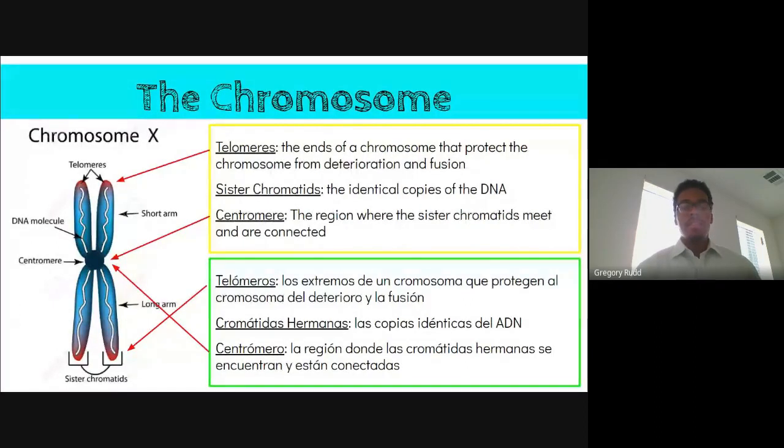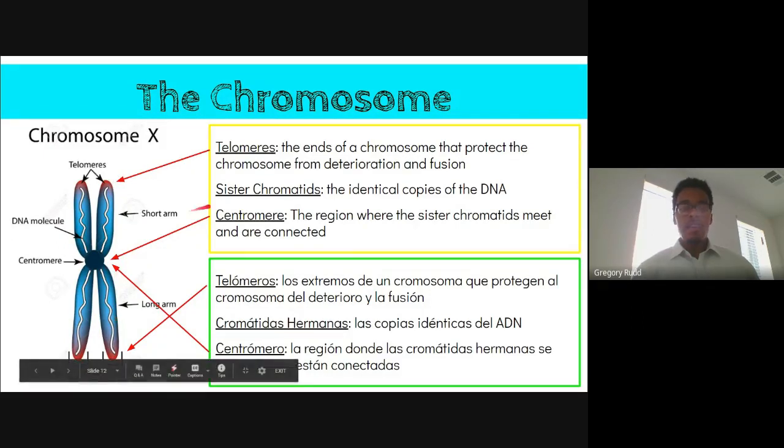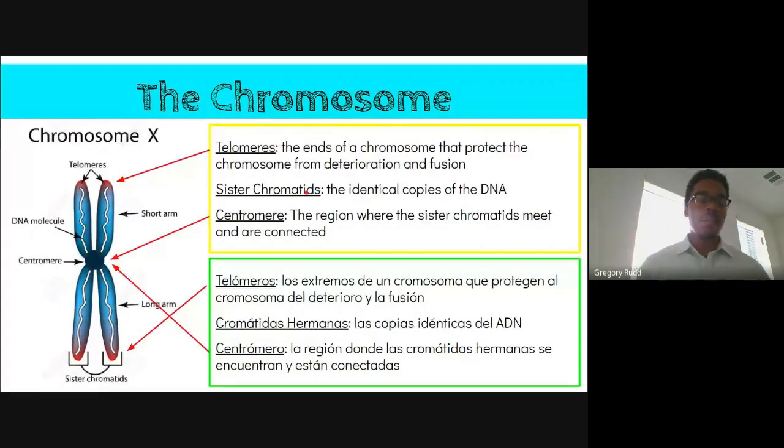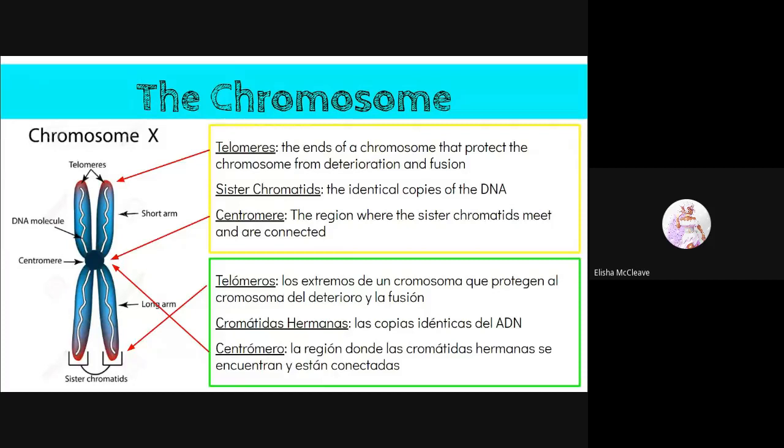We've got sister chromatids. So if we have an X, then we can imagine that one half of the X is one chromatid, and the other half of the X is another chromatid, and together they are called sister chromatids. But they are identical copies of DNA. In theory, they should be identical copies. Do we write this down?